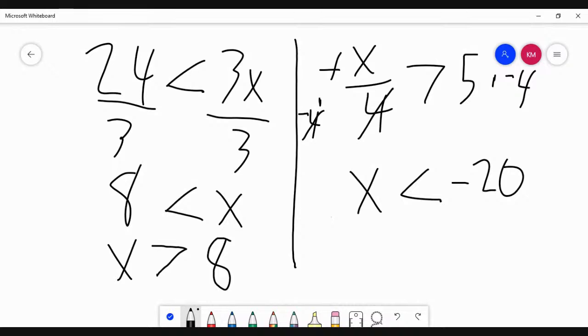So whenever you are multiplying and dividing by a negative number, you must change the sign of the inequality. So once I find this answer, of course, negative 20, open circle, less than negative 20, we're going to the left.